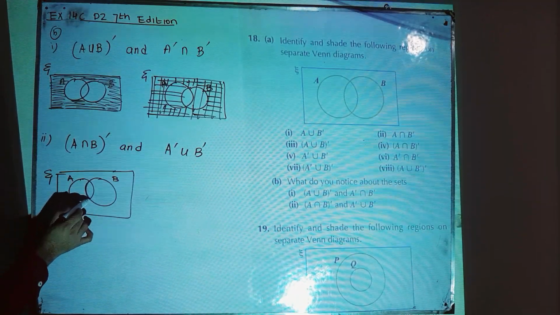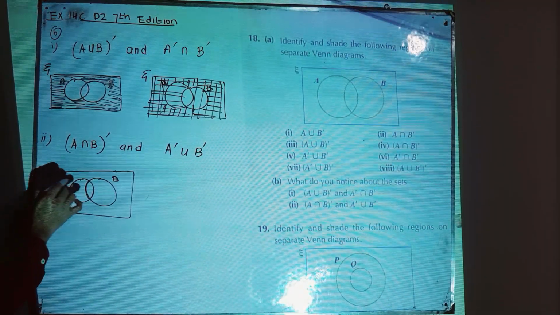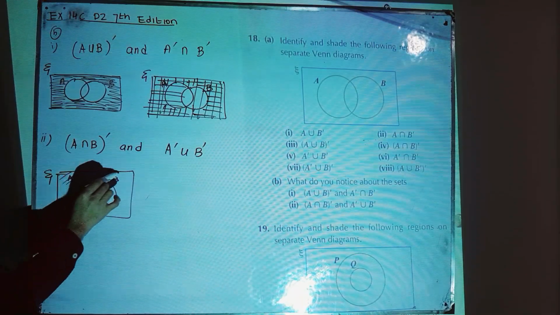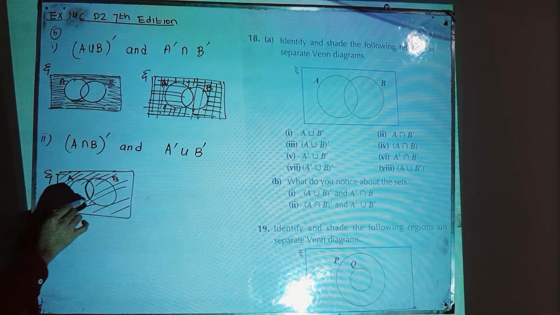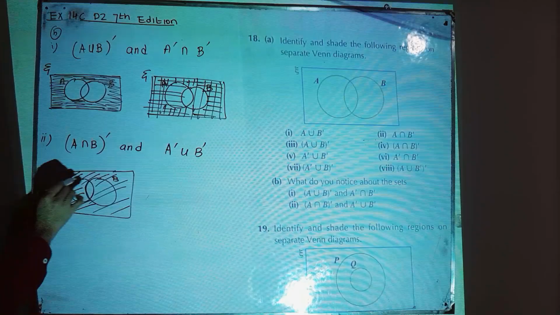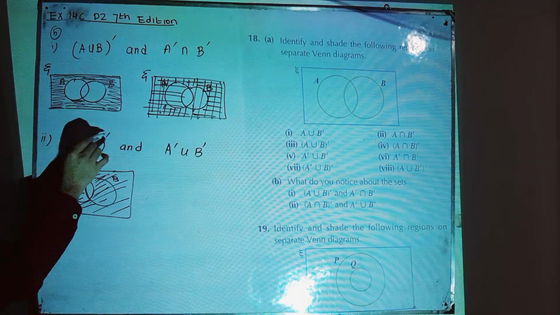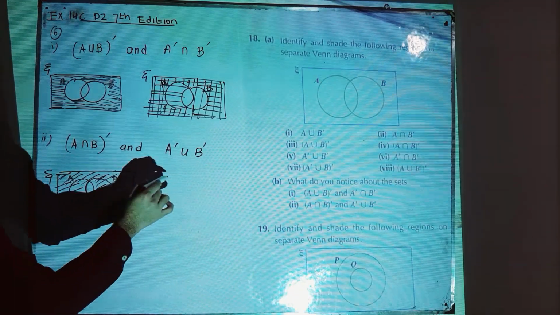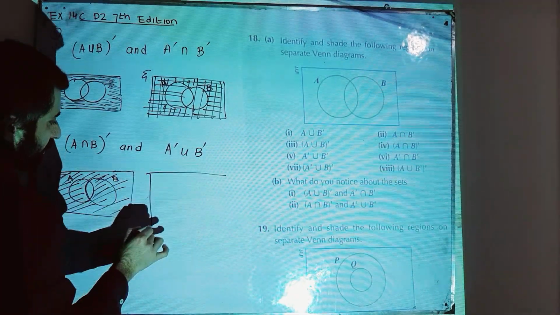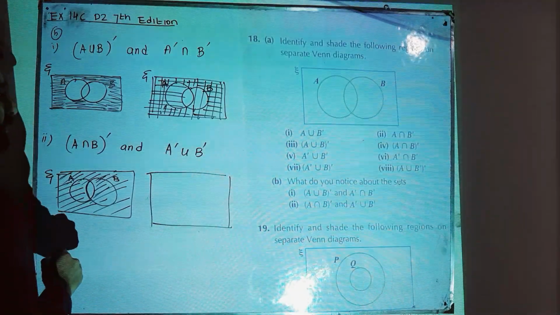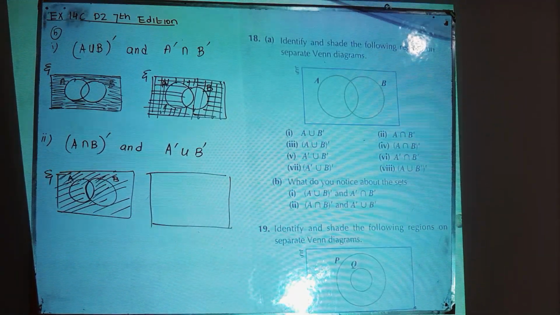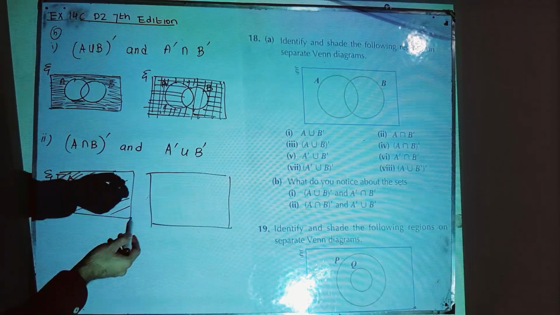All the region outside this is the answer for (A intersection B) complement. And what about this one? This is A complement union B complement. That will be the same.